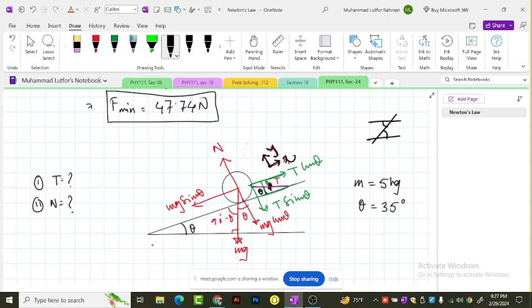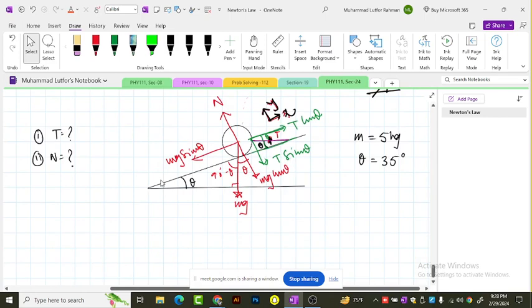You understand this free body diagram? Alright, so if you do not respond, I would think that you are okay with that.